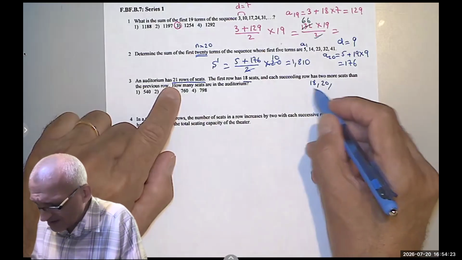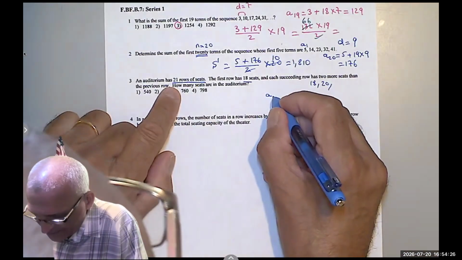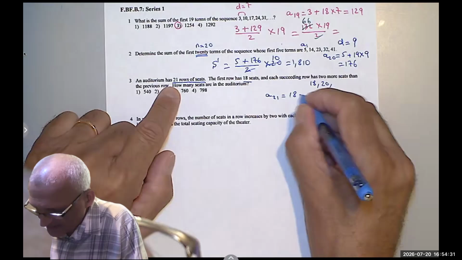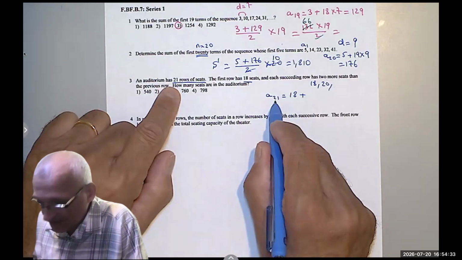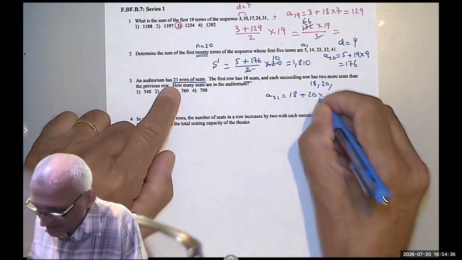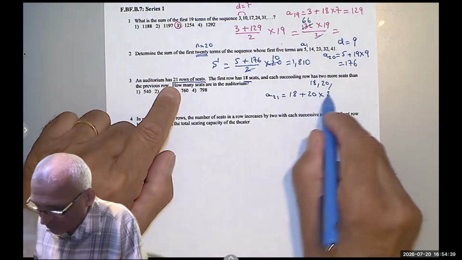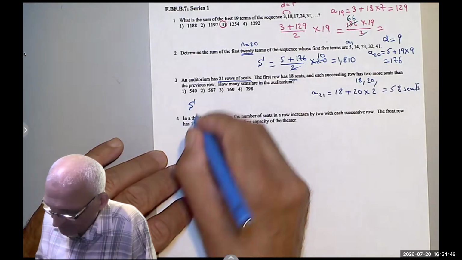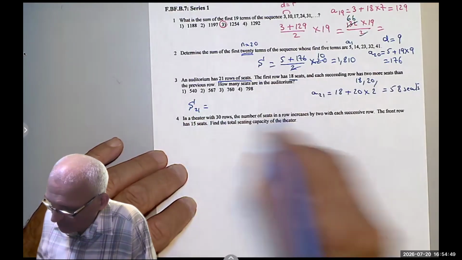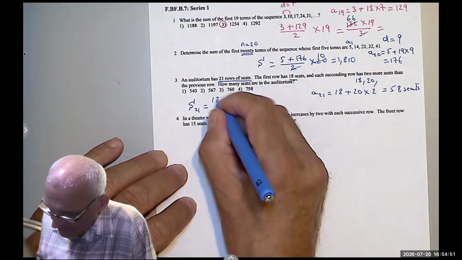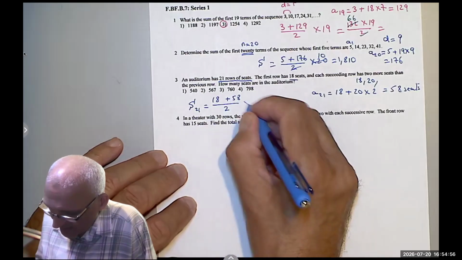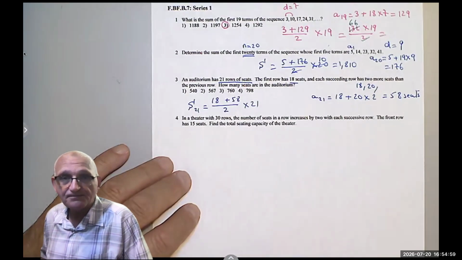Since you can say A sub 21 equals A sub 1, which is 18, plus 21 minus 1 times the difference, which is 2. This is 40. This is 58 seats in the last row. So now altogether, the sum of these 21 would be the first plus the last over 2 times 21, which is the number of rows.